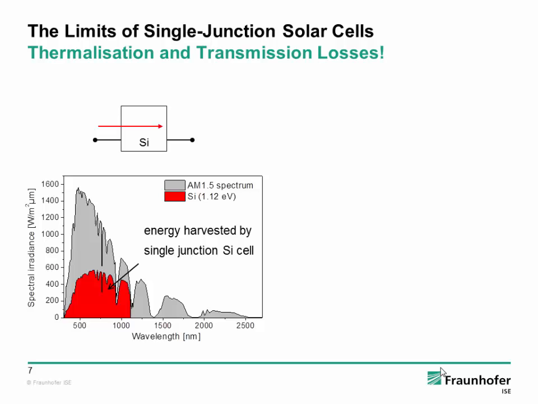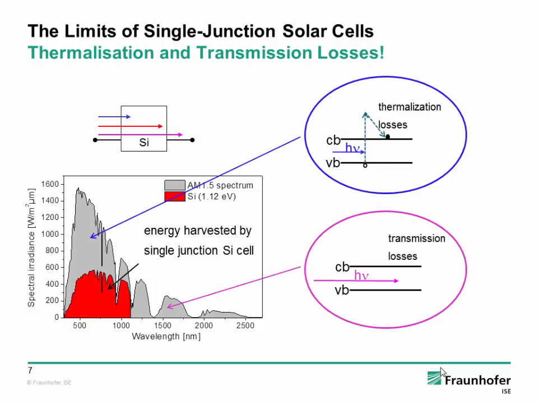Photons which have too high energies, sketched here in blue, go within the band structure much above the conduction band, and lose the energy by thermalization, so they generate only heat. If the photons have too low energy, they cannot be absorbed at all, and we call these the transmission losses. And basically, to simplify it a little bit, all that is shown here in the gray area are losses for the solar cells.